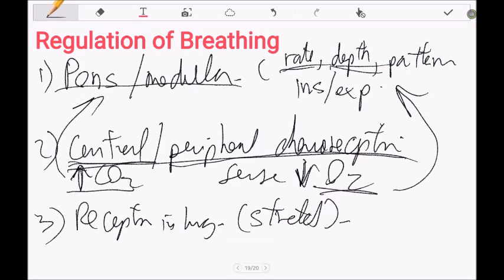Once the brain figures out that there is less stretch, it will again trigger the pons and medulla to increase the rate, the depth, the pattern, and affect inspiration and expiration accordingly, to try to compensate for that problem.